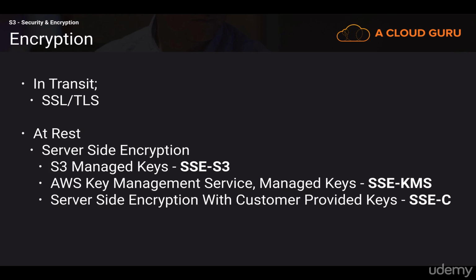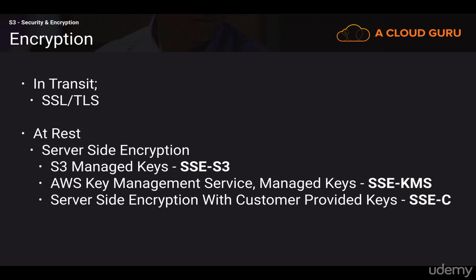And finally, the other methodology is server-side encryption with customer-provided keys, sometimes referred to as SSE-C. This is where you manage the encryption keys, and Amazon manages the encryption as it writes to disk and the decryption when you access your objects, but the actual management of the key is done by you yourself.